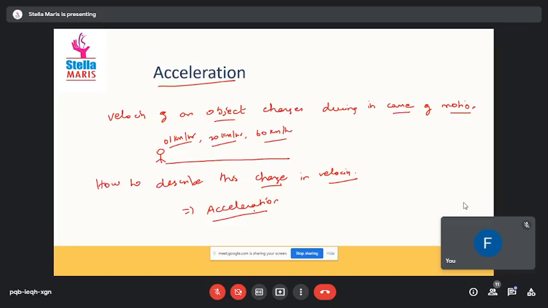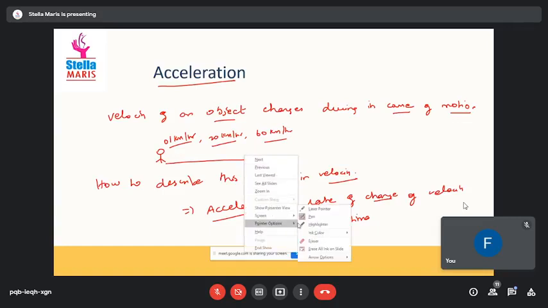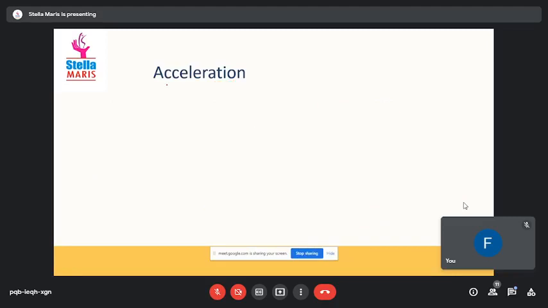Okay, so acceleration, its definition is nothing but the rate of change of velocity with time. Okay, acceleration is nothing but the rate of change of velocity with time. So what is the definition of acceleration?